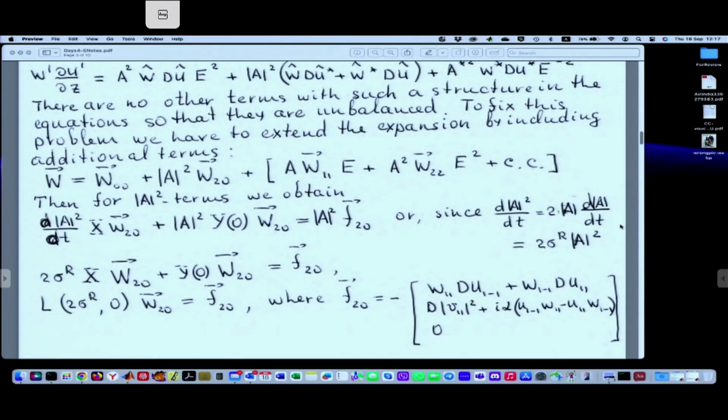Remember the solution, dA by dt is equal to sigma A. So A is equal to what? A is e to the power sigma t. And sigma consists of real and imaginary parts. So therefore, I'll do it once.